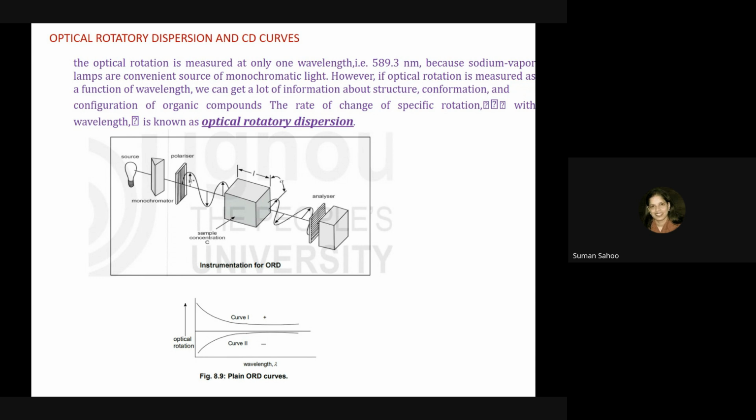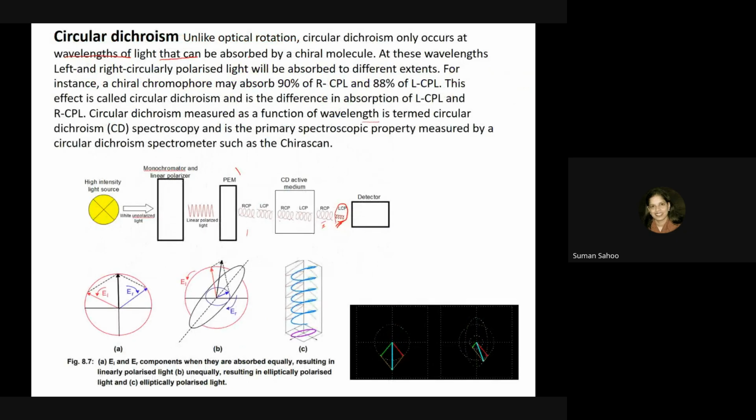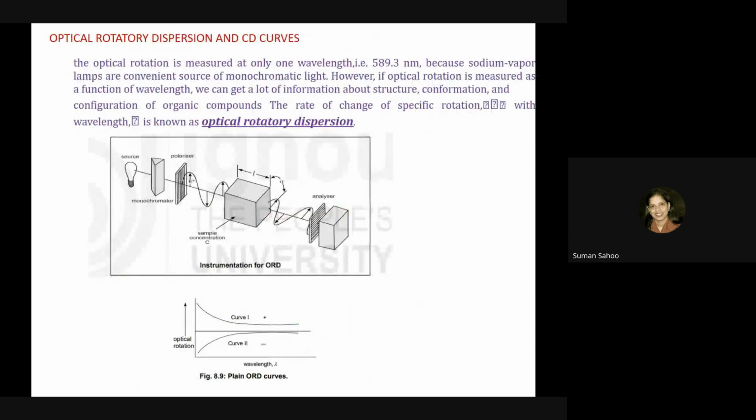Optical rotation is measured at only one wavelength. But circular dichroism is measured at a particular wavelength at which your compound absorbs, the wavelength where your chiral molecule absorbs. Optical rotation is only measured at this nanometer because this is the monochromatic light from sodium vapor lamps.